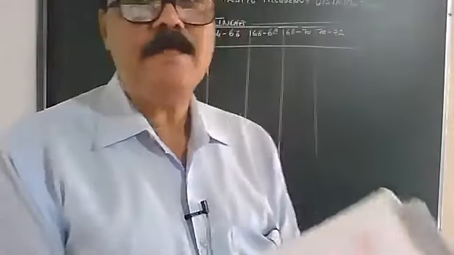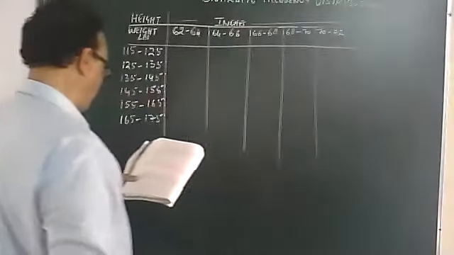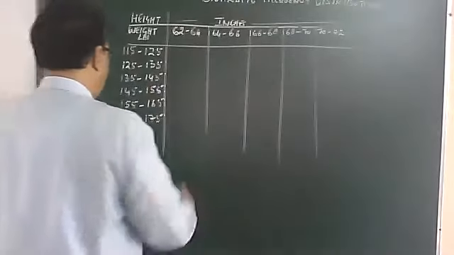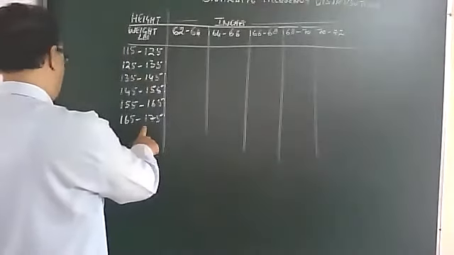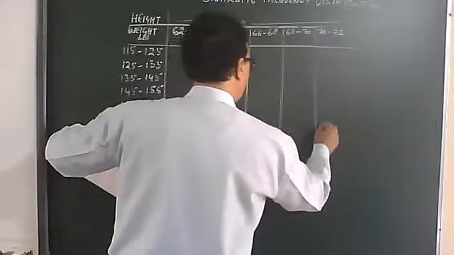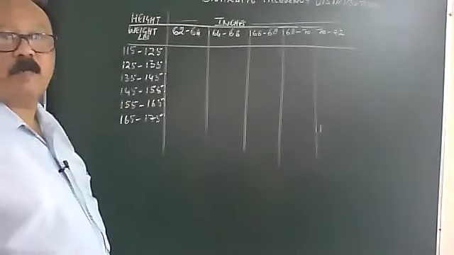Now, how do we plot it? Simple as ever. You will look at the first entry, weight 170, height 70. So 170 comes here and the height comes to 70. So from here, put one frequency bar, one tally bar.